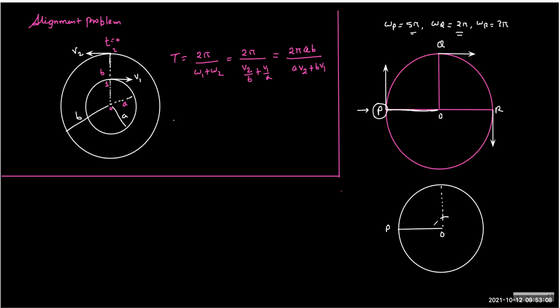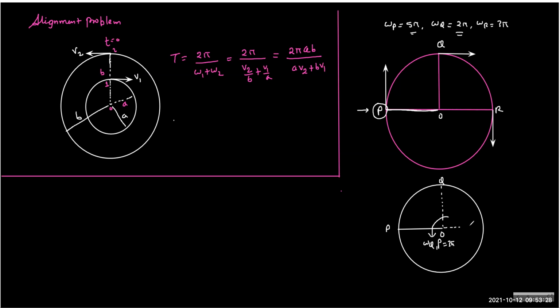So it will turn this way. Omega of Q with respect to P, we can select, it will turn this way. And what is this rate? 5 pi minus 2 pi is 3 pi. So this will turn by 3 pi radian per second.